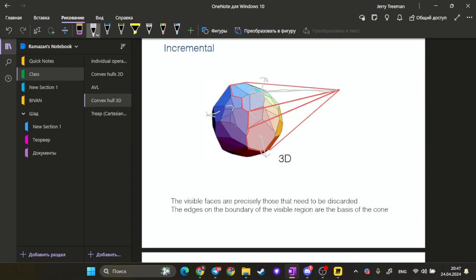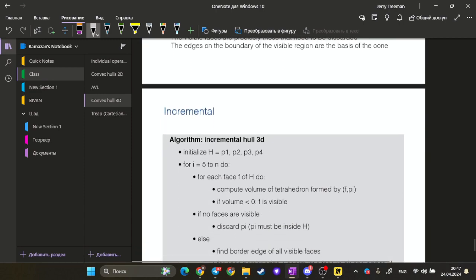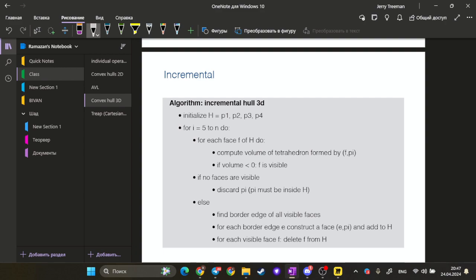If you have vector AB and this vector, the normal vector, you can represent it like this. You need to consider the next product: vector C, then A, and then B. And if it is negative, you need to discard it from our convex hull. And that's it.